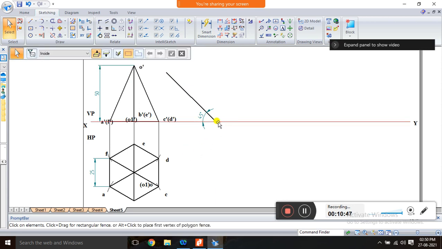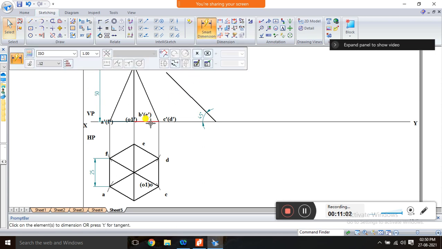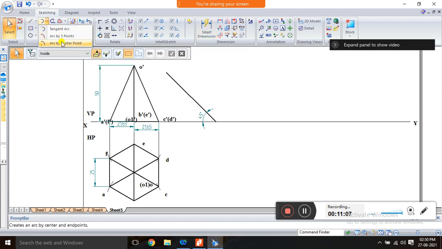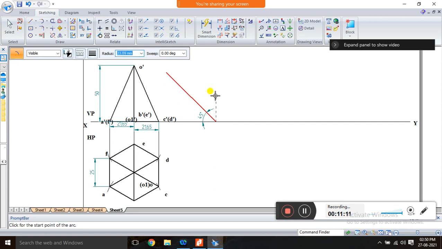So with the help of your compass placed here, mark 45 degree. So from here you can take 45 degree, or if you take from here, this 90 degree plus this 45, then you mark it. Then afterwards, you just measure these two. Take your compass and place here, and the radius is the length you can stretch up to. So place your compass on C dash and stretch up to B dash and cut the arc.